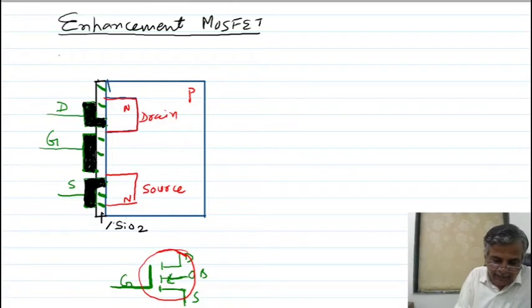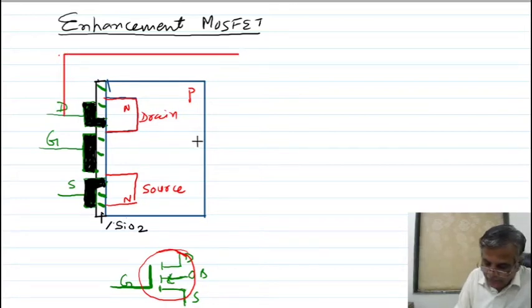I am applying positive voltage to the drain. Here is your bulb, B. Plus, minus, plus, minus.